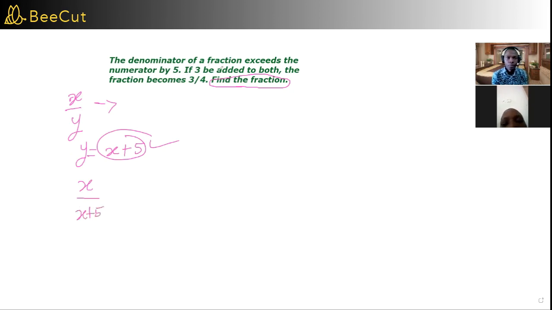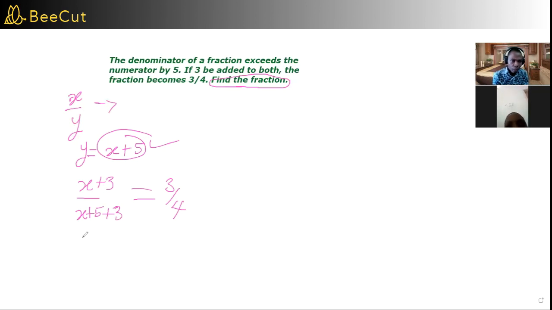It now says if 3 be added to both, so that means I add 3 to this and 3 to this. Then the final result is 3 over 4. So you are now to find the value of x so that you can know the original fraction. Now you can mute yourself and follow the explanation.